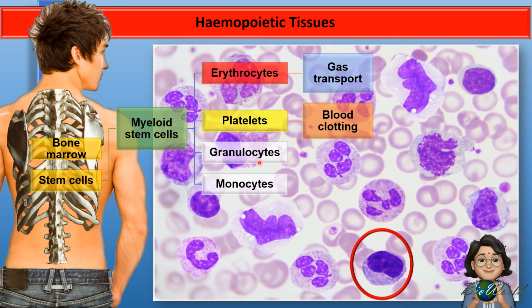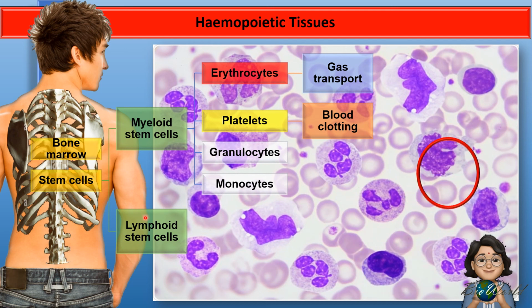Now, the white blood cells are not only produced by myeloid stem cells. We also have another group called the lymphoid stem cells, which will produce lymphocytes. Lymphocytes are also agranulocytes, where they have a clear cytoplasm and a large nucleus.